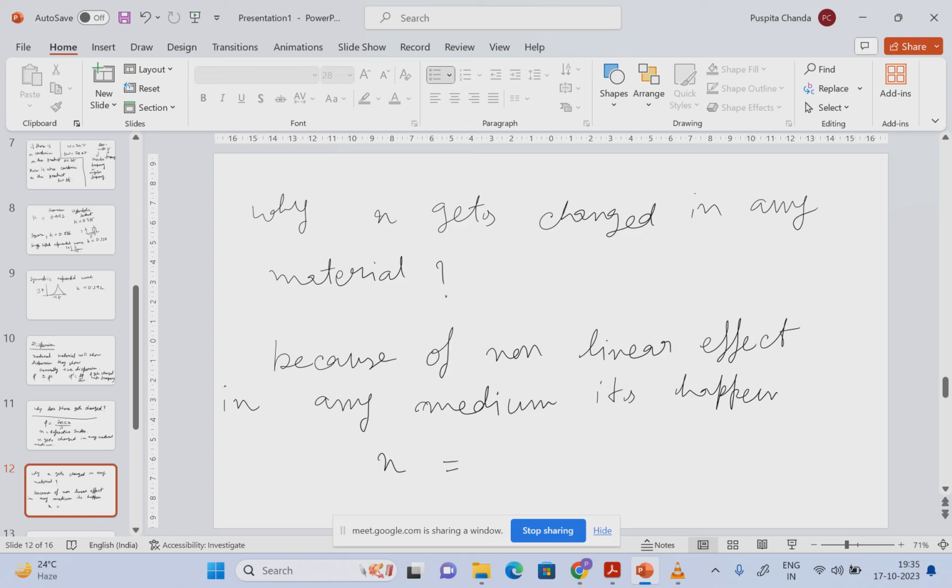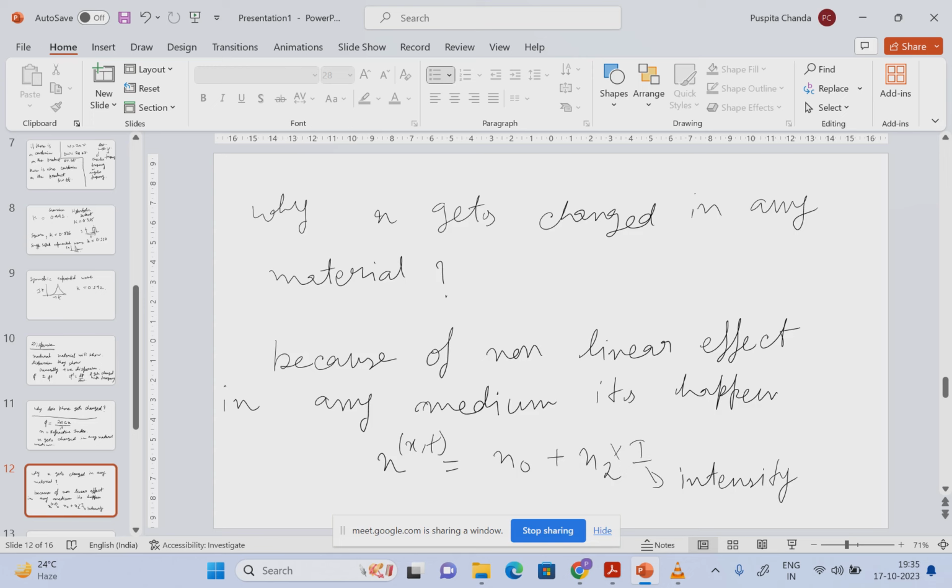Then at any point x and time, n is n0 plus n2 into I, where I is intensity.